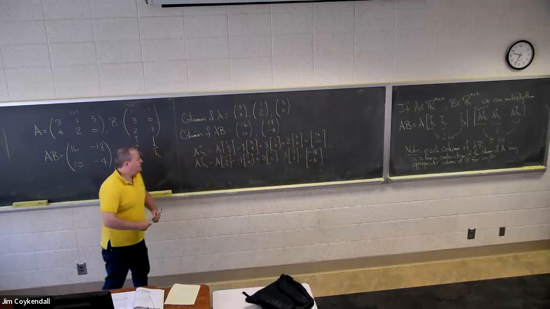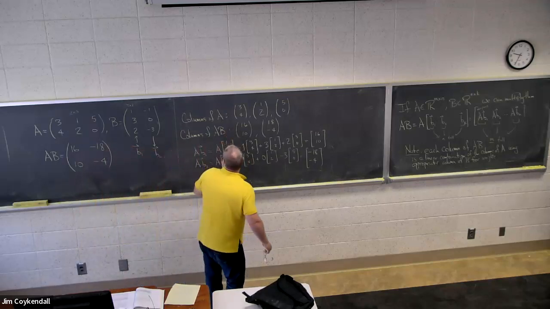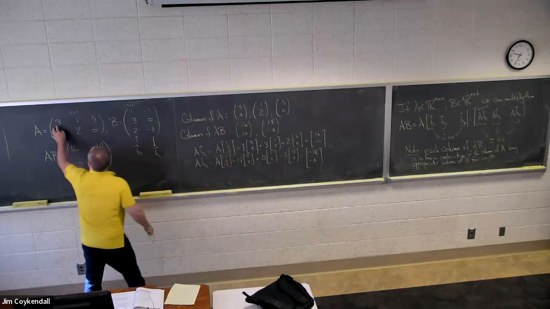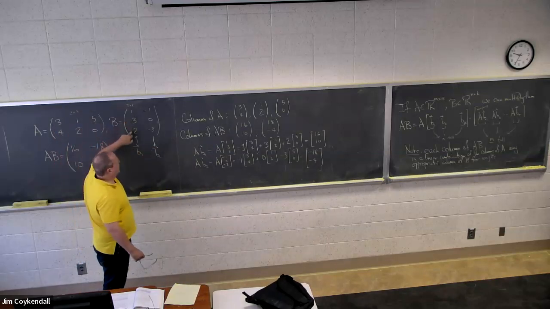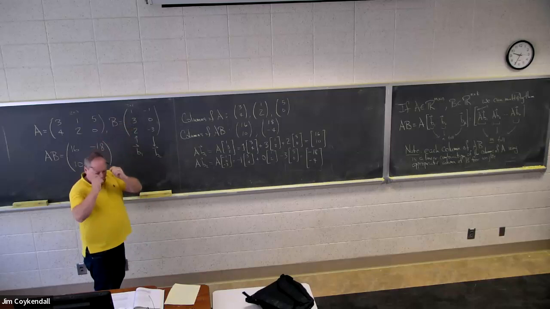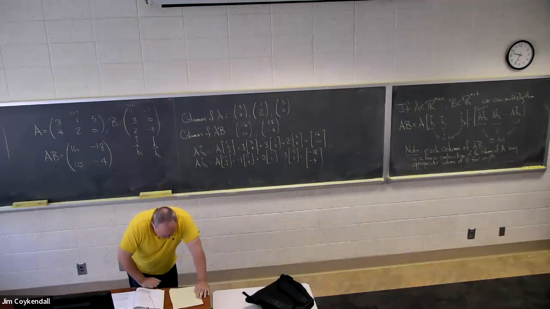So that's what I mean by that statement. Notice what we're doing is the columns of the new matrix are linear combinations of the columns of what's on the left using these weights going down. Okay, any questions on this?